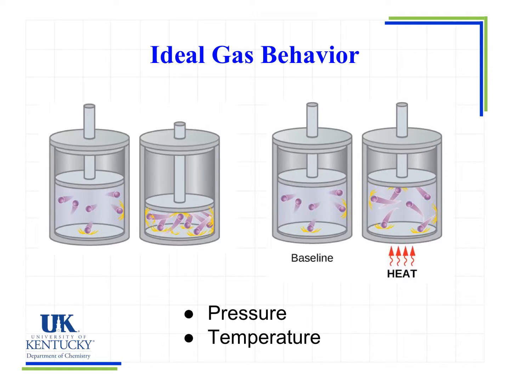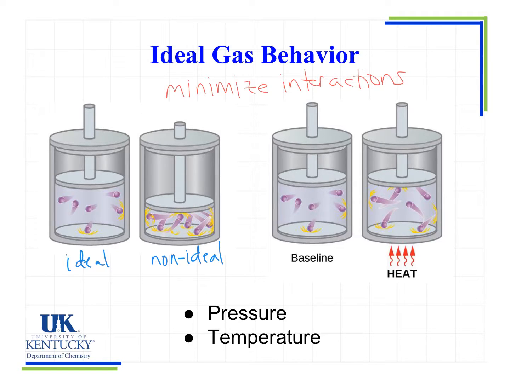So ideal gas behavior, we want to minimize interactions between those molecules. So if I look at my pressure situation, what I'm going to see is that if I have a lower pressure, I'm going to have something that is more ideal, and at a higher pressure, it's going to be non-ideal or more non-ideal.